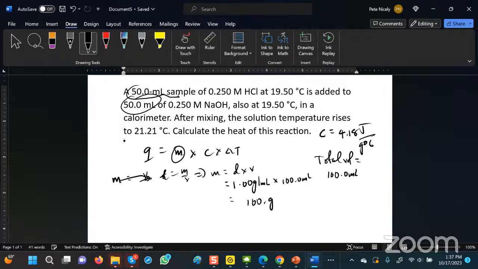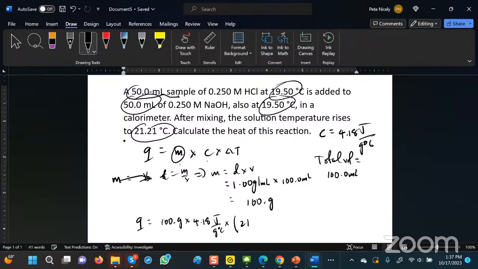So that's the m. So we have the m, we have the c, and we can calculate the delta T. So q would be equal to 100 grams times 4.18 joules per gram degree Celsius times delta T, which would be the final temperature minus the initial temperature, which is 19.5 for both solutions.